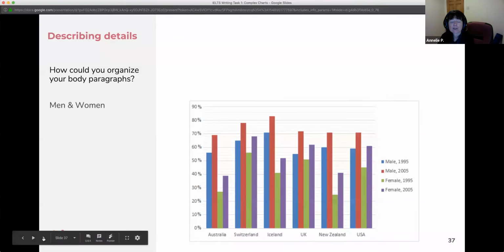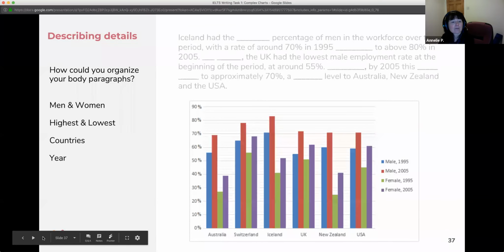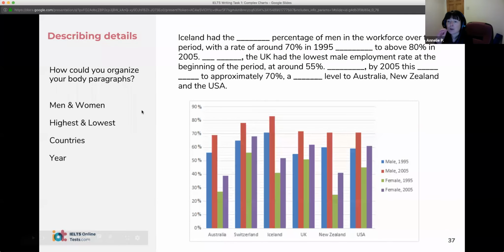So let's have a look at the options. So yes, men and women. Okay, we could start from the highest figures and go down to the lowest. Countries, as people said, by year. Okay. So you could choose different ones, it doesn't matter, but you need to be consistent. Okay, so if you decide to divide by male and female, then have one paragraph for male and one paragraph for female. If you decide to do it by year, one paragraph for 1995, one paragraph for 2005.